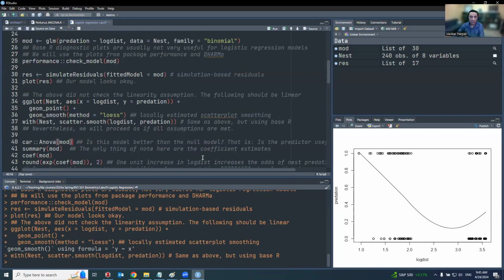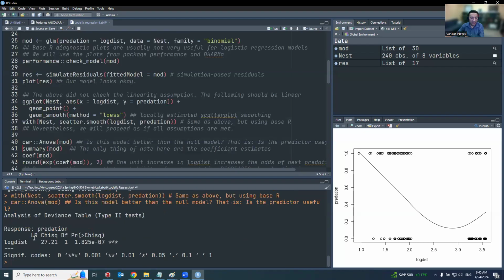So let's look at how good our model is. The first thing we will look at is what is called the goodness of fit test. And to do that, we will use the function Anova from the package car. When we look at that, it provides us the analysis of deviance table, not analysis of variance.